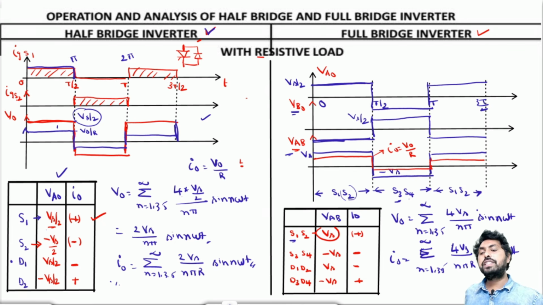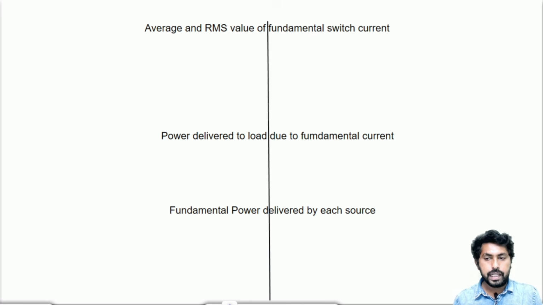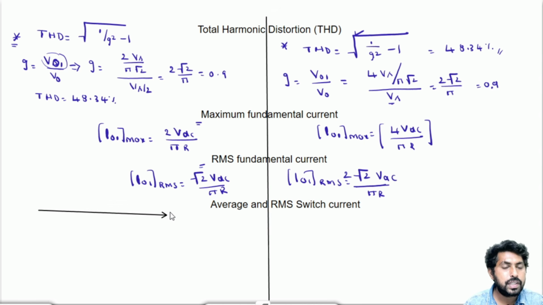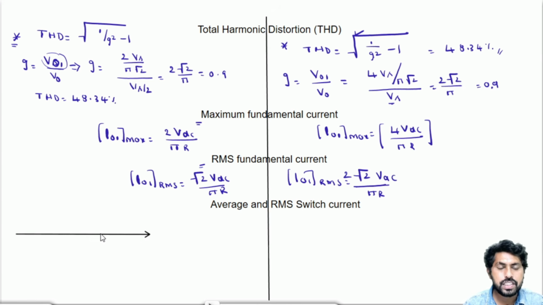If I draw the switching currents, here the switching current S1 is flowing from 0 to pi, right? So now let me draw the switch current so that it is easy to write the expression.